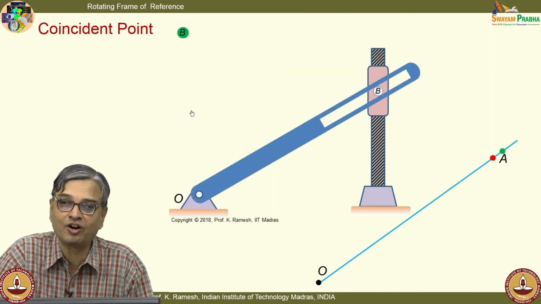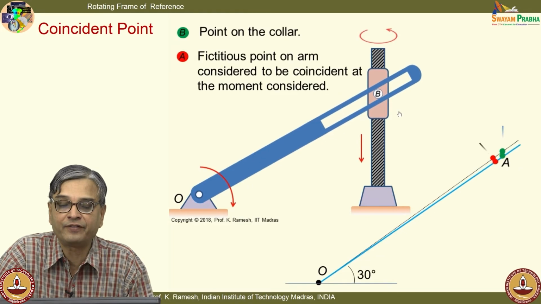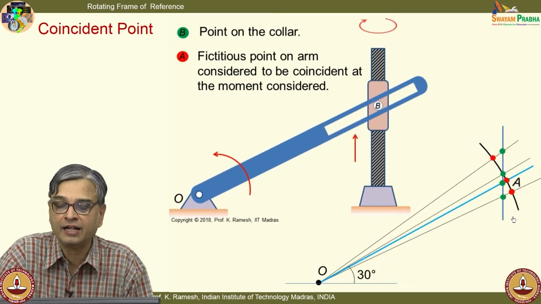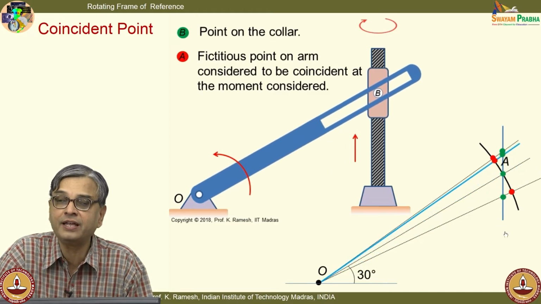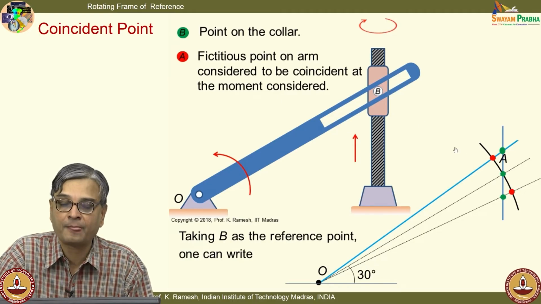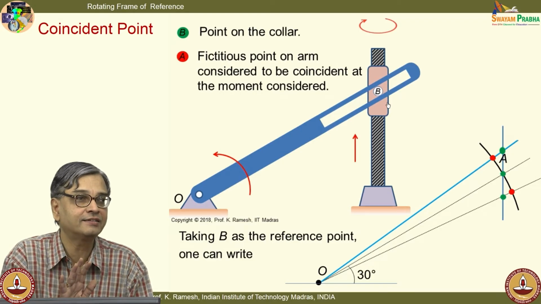Another knowledge, what is it you have got independently? I had a concept of coincident point introduced in a very simple system, where I could figure out the motion of A and the motion of point B, and I said point A is coincident with point B. And we understood from the physical motion of this, the relative velocity will be along the slot. You got that idea earlier, isn't it?